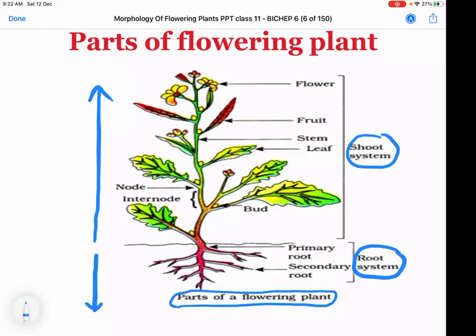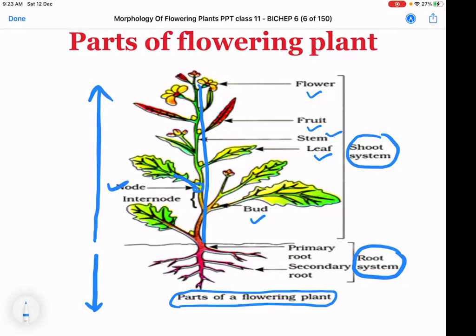The parts of the shoot system are flower, fruit, stem, leaf, buds, etc. The main axis is the stem, right, which shows nodes from where either a new branch will grow or the flower, fruit, or leaf can grow.